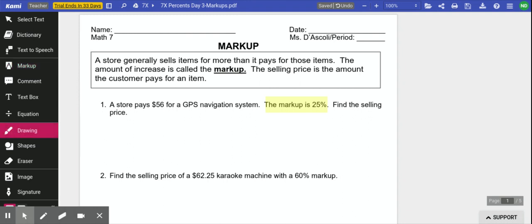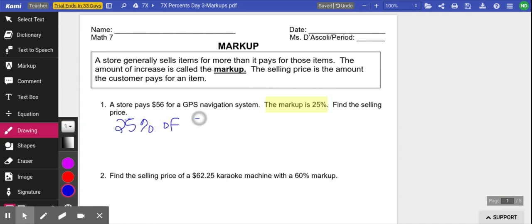And guys, I'm really doing the same 2 steps from yesterday. It's just going to be a slight difference. So my first step is to find out my markup rate as an amount of money in dollars. So I'm finding the percent of a number. So I have to figure out what is 25% of $56?